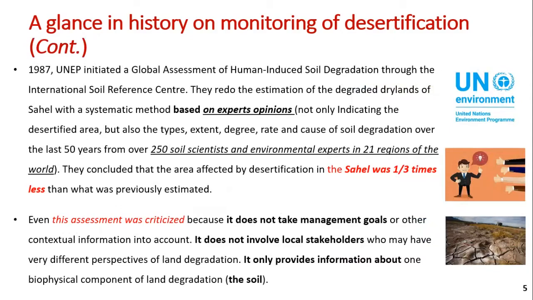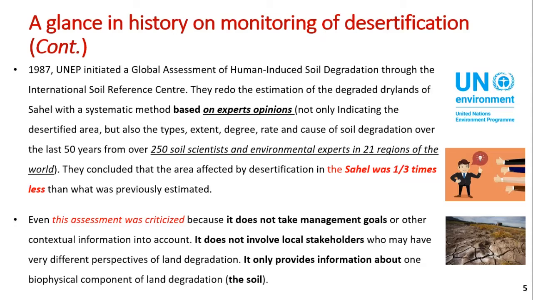The criticism of the previous estimate initiated another program by the scientists, after a few years, specifically in 1987. At this time, the United Nations Environment Program initiated another assessment called the Global Assessment of Human-Induced Soil Degradation.